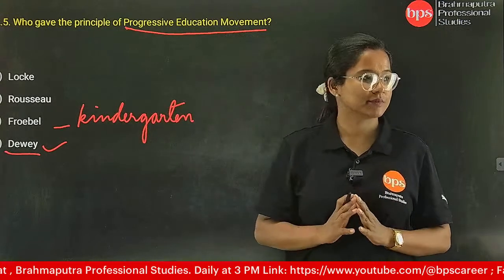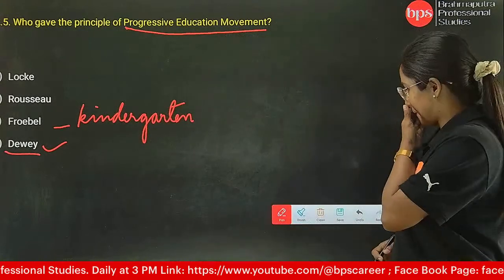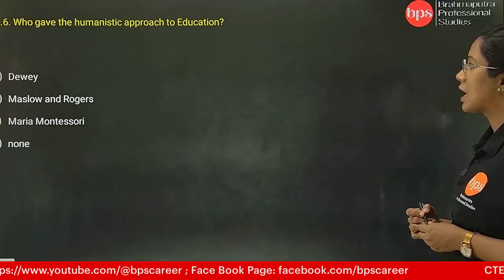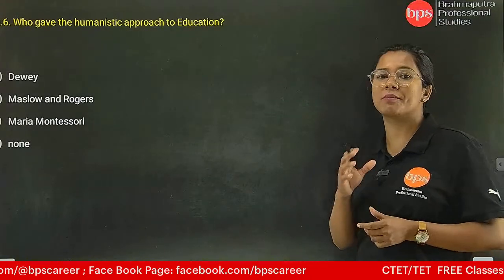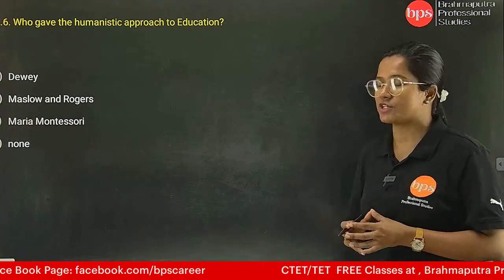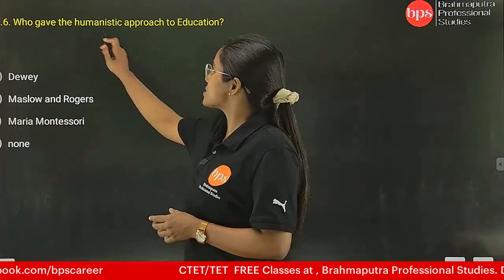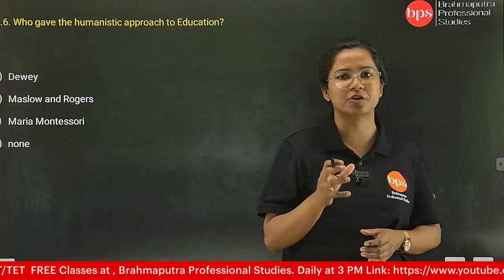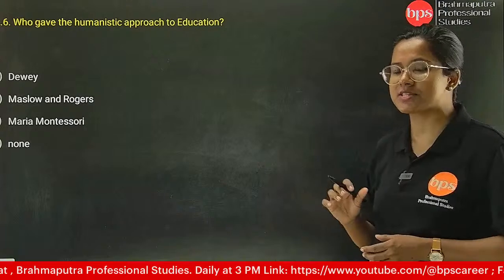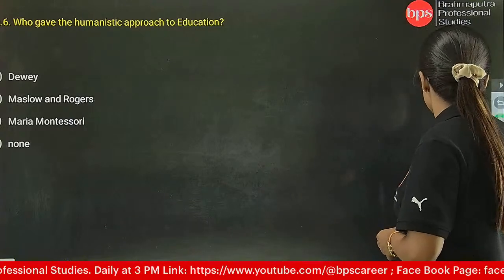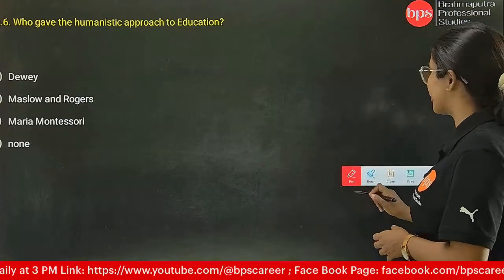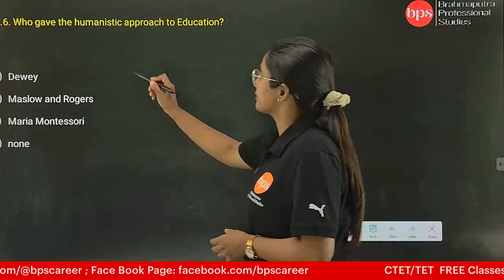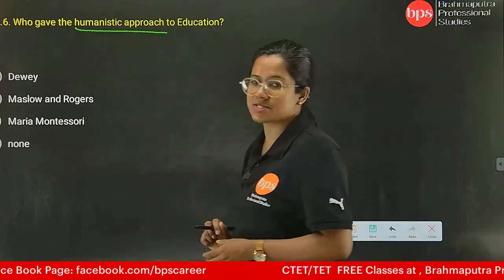Okay, clear? Next we have, who gave the concept of the humanistic approach of education. Now see, this is very important in relation to your CTET exam because a lot of questions depend on this, and this concept comes from the psychological point of view of the student. Now what is humanistic?